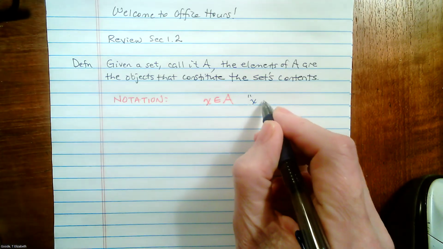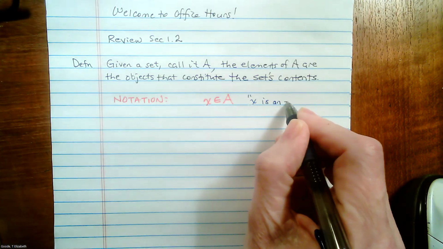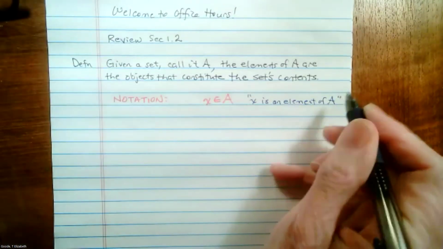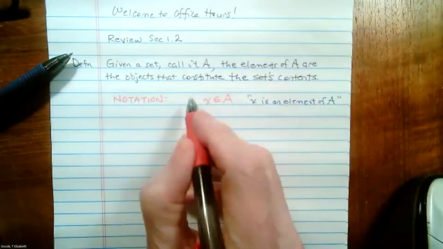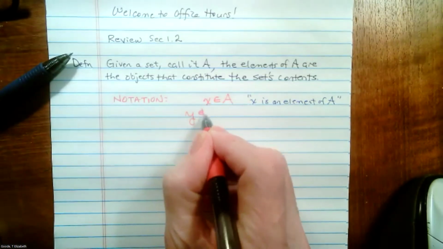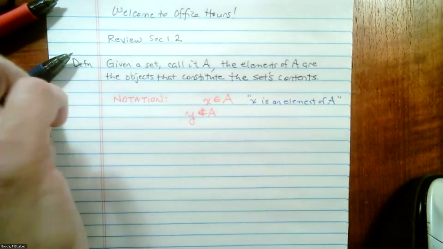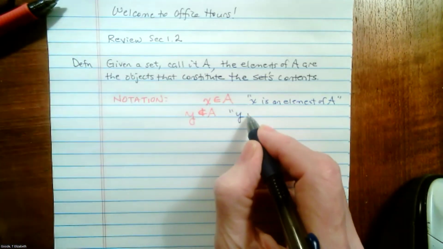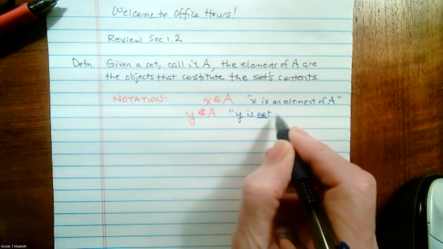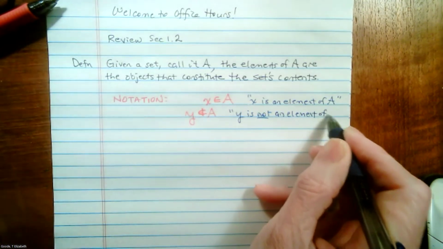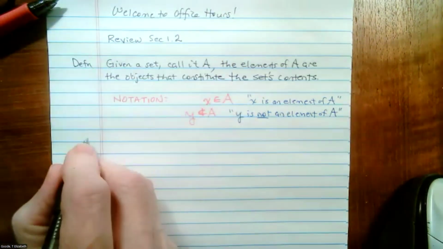Thank you. x is an element of A. And then if something is not in A, like y is not an element of A, we would write it like this. Okay, so shall we look at an example?